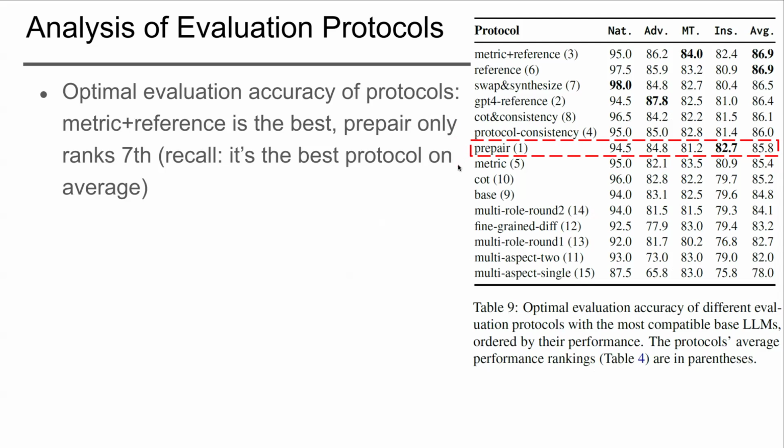But if you take the max, it doesn't perform the best. The max is the metric cross reference protocol or reference protocol and so on. So it means that there's some variance, and basically it depends on the combination of the base LLM and the evaluation protocol that you use.